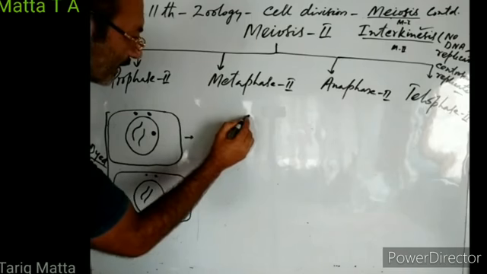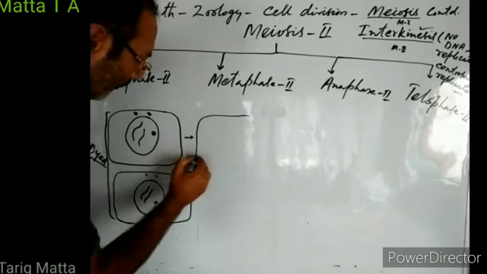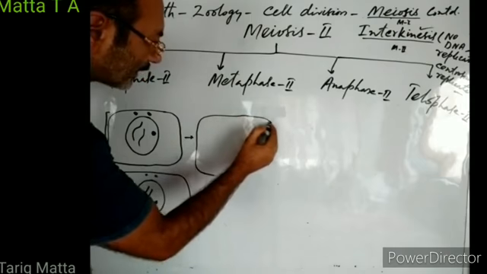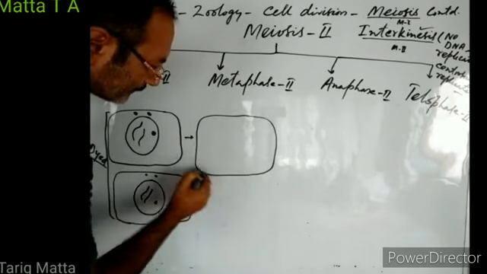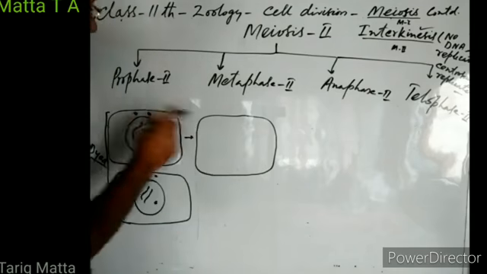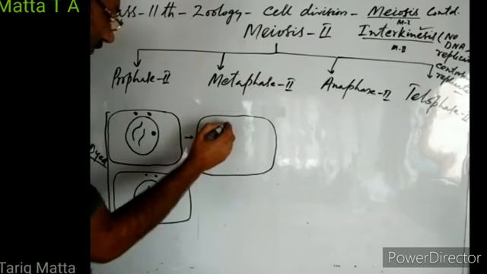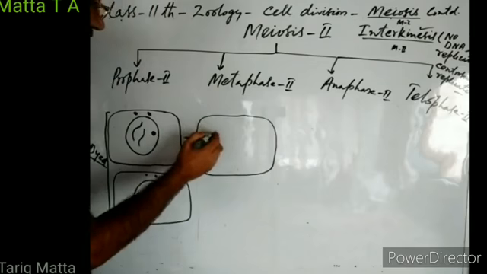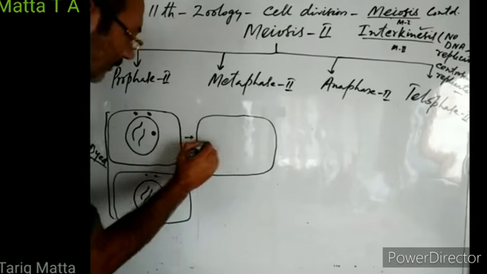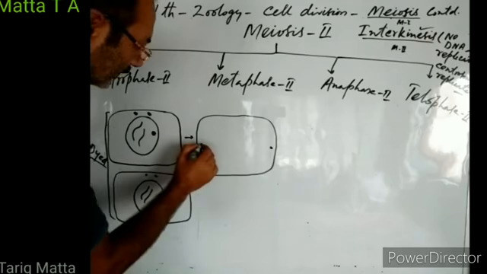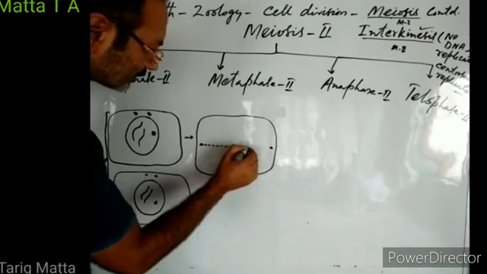So in prophase second, the nuclear membrane of the cell disappears. Centrosomes reach two opposite poles. They start organization of the spindle.